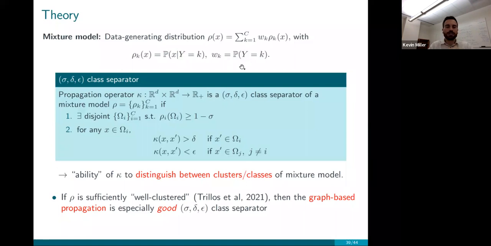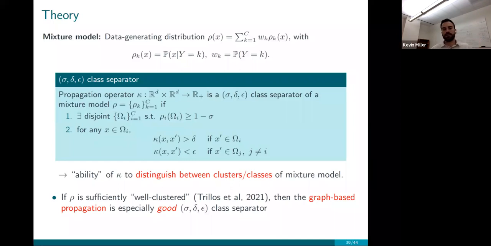And we define the idea of a sigma delta epsilon class separator, which is the idea that a propagation operator can properly separate a mixture model if from this mixture model we get these disjoint sets where the class conditional distributions on the sets omega I are relatively large, primarily supported on the clusters, and that for points in the same cluster, the propagation operator between the two is large, so delta will be close to 1, and it'll be small between points in opposite clusters.